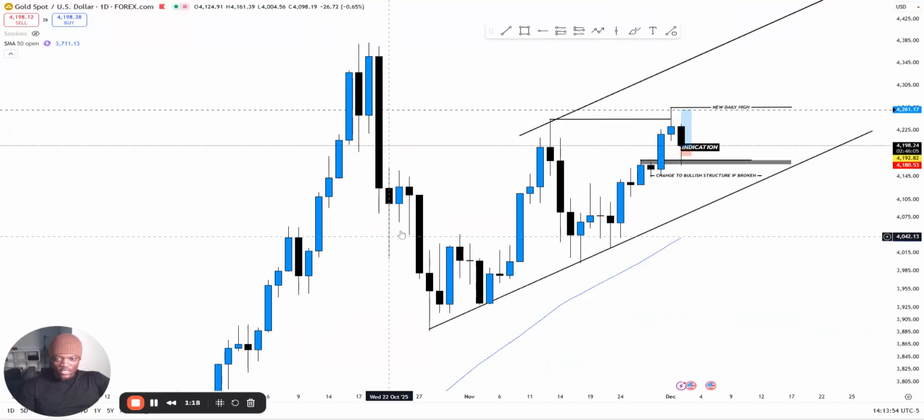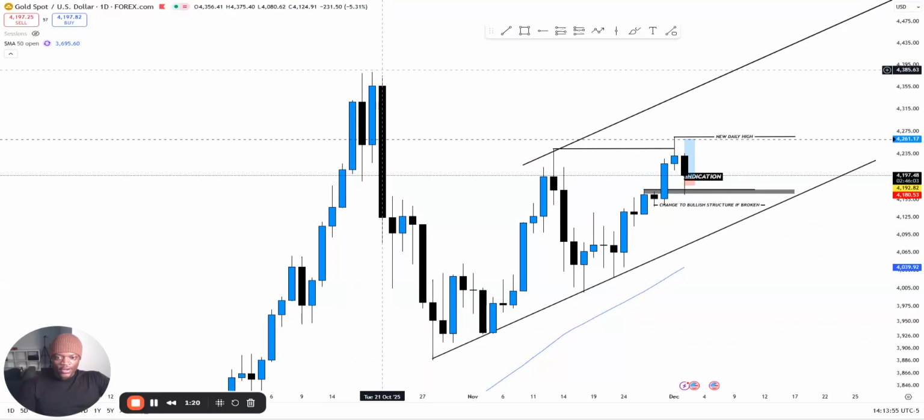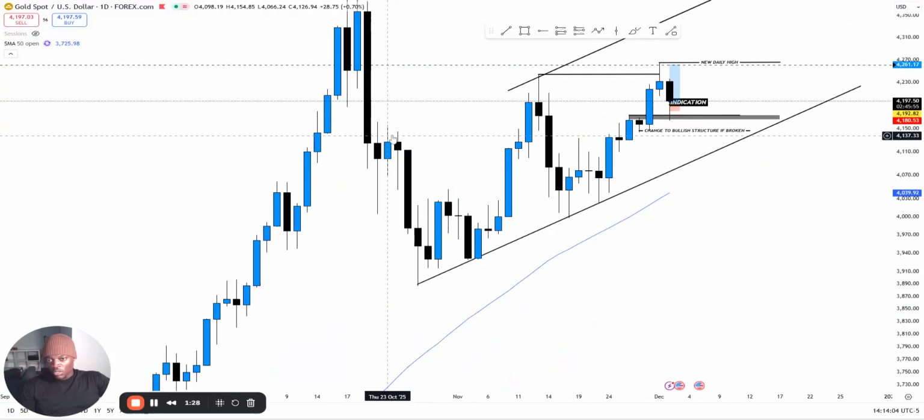Like right here we can see gold made a higher high in October, then dropped, made a higher high, higher low, lower high, lower low, lower high. Are you following me? Higher low. This is the change. Whenever it breaks this high, that's when everything changes.